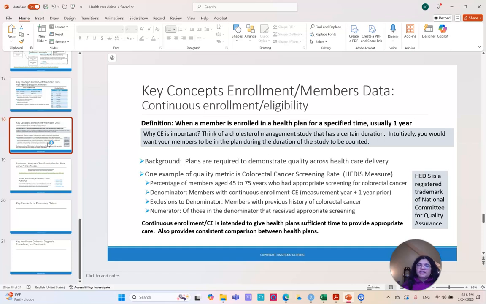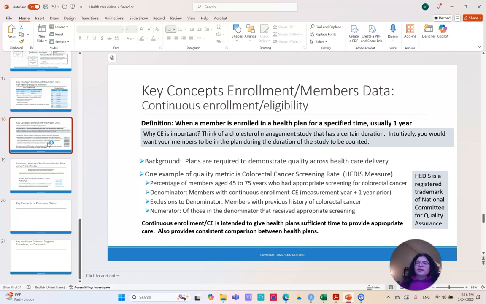So if you think about colorectal cancer screening rate, it is the percentage of members aged 45 to 75 years who had an appropriate screening for colorectal cancer. Well, then in the denominator, what you're going to be thinking about is members with continuous enrollment.